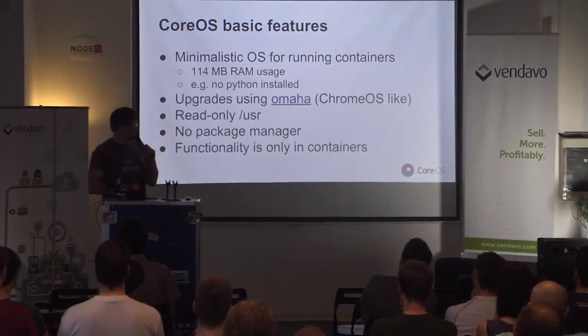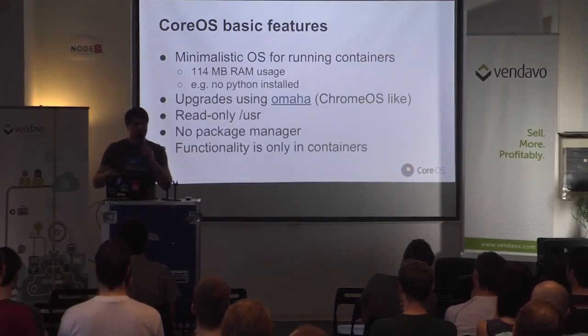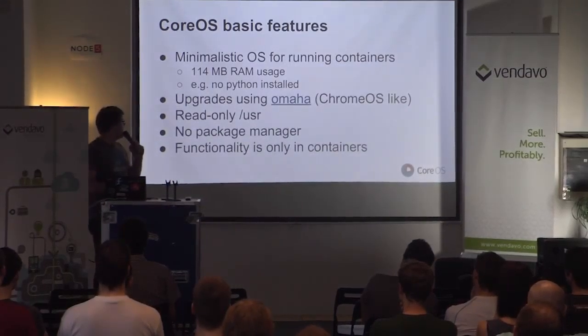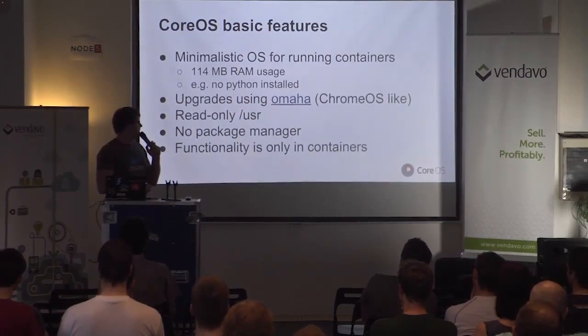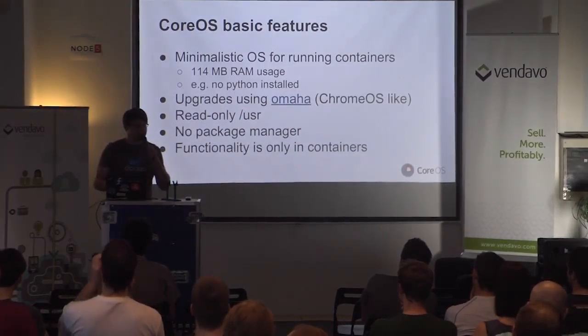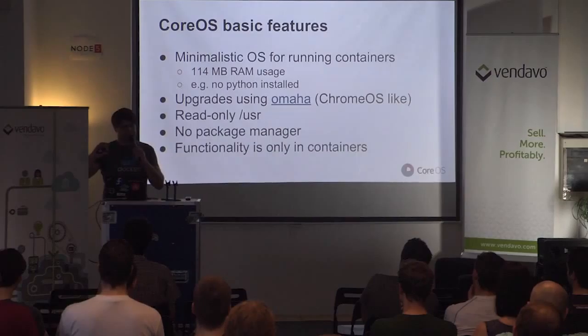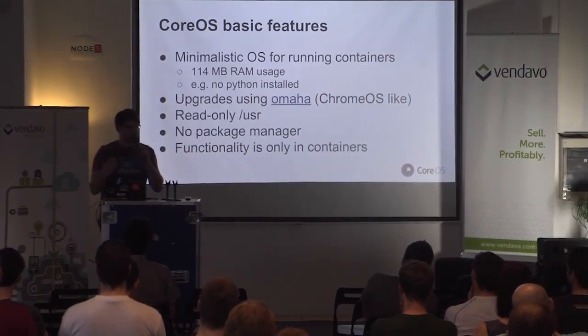CoreOS has kind of a special feature. It's auto-updating. So you specify which release version you want. You can have alpha, beta, or stable, and you can set that you want the server to automatically update. So say you get 5 clustered nodes, and when there's a new release, they will find out that there's a new release.